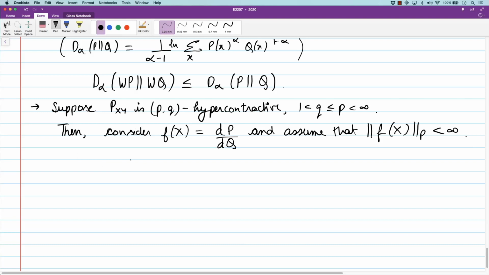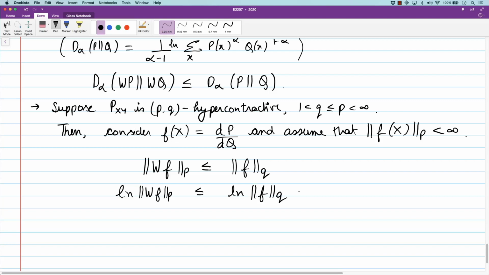So what do we have? By hypercontractivity, since this is (p,q) hypercontractive, the pth norm of W of f is less than or equal to the qth norm of f. Let's take log on both sides so that we can relate it to divergences. This is less than or equal to log of the qth norm of f. And let's make this Rényi divergence.